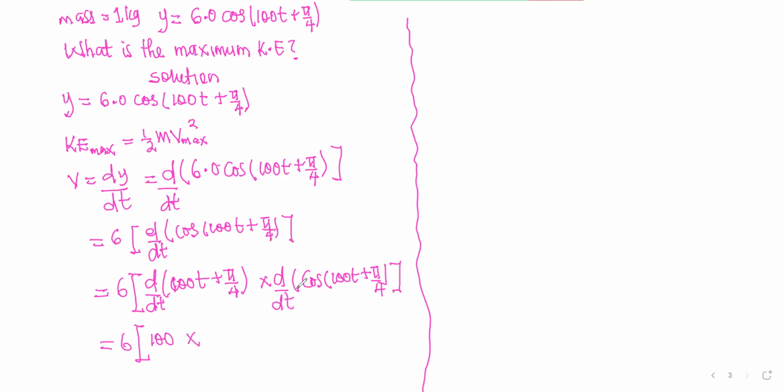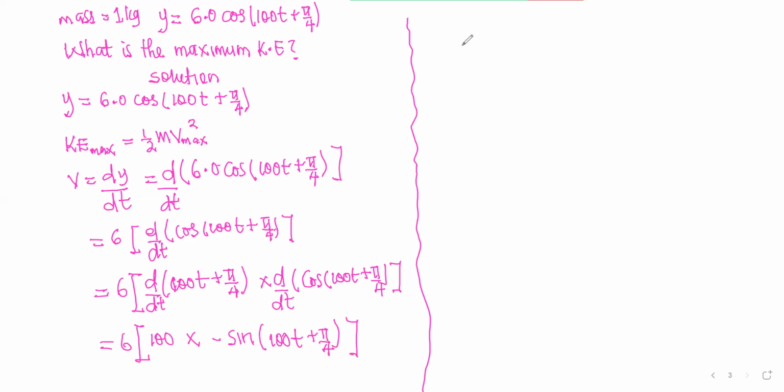Then the differential of cos is equal to negative sine of 100t plus power on 4.